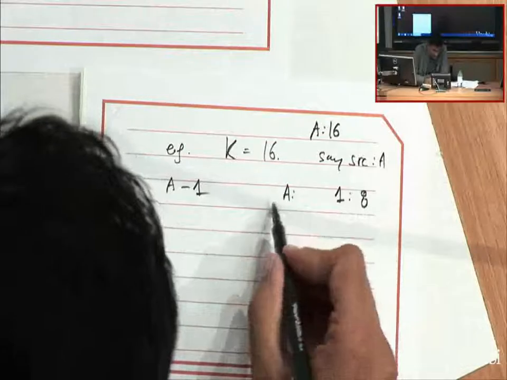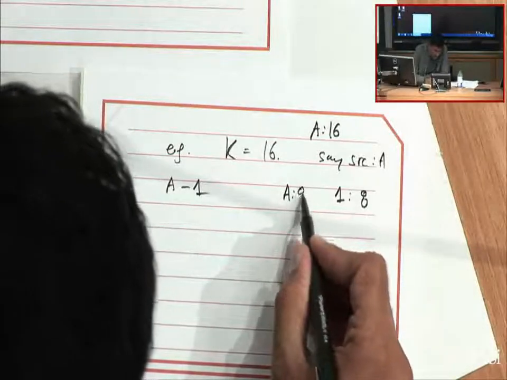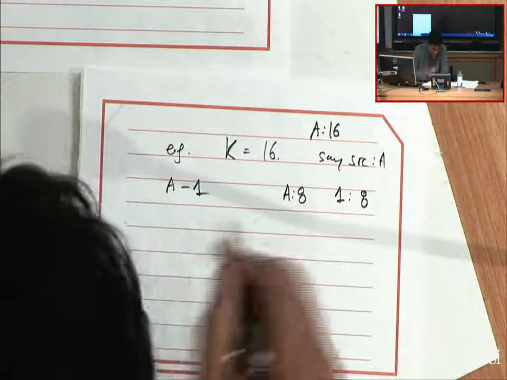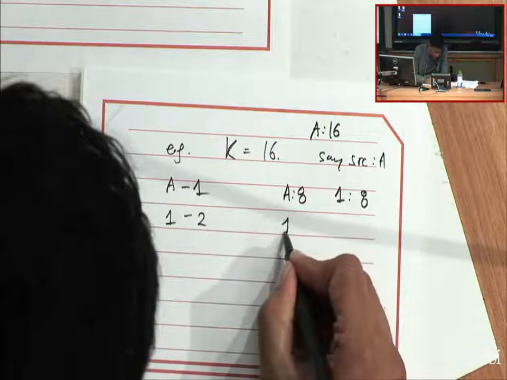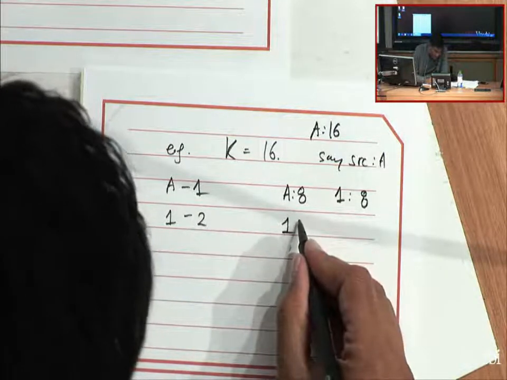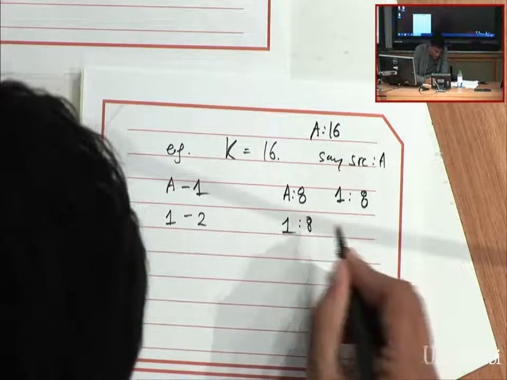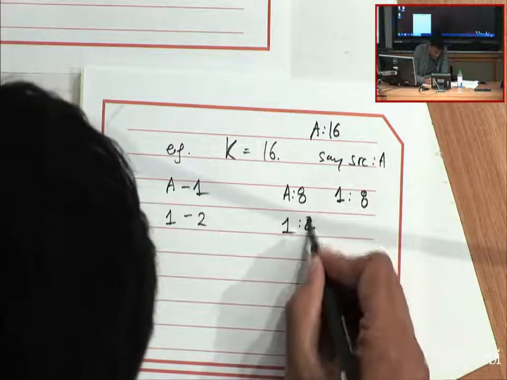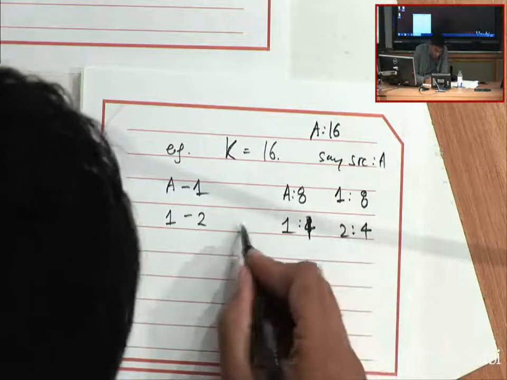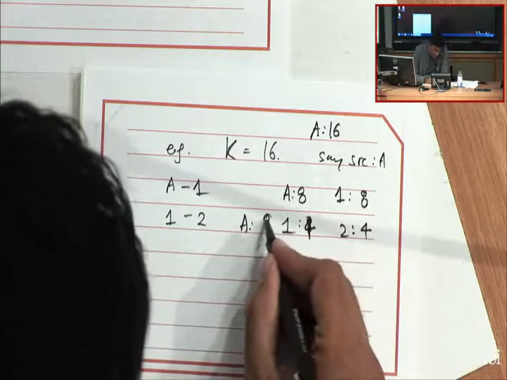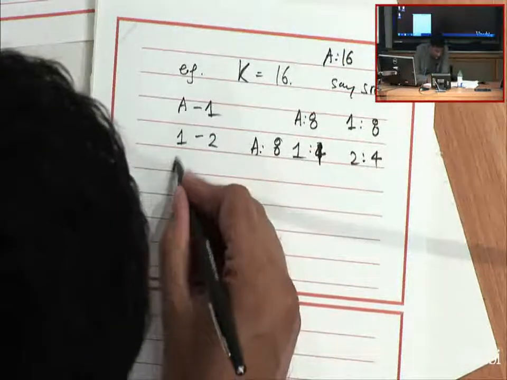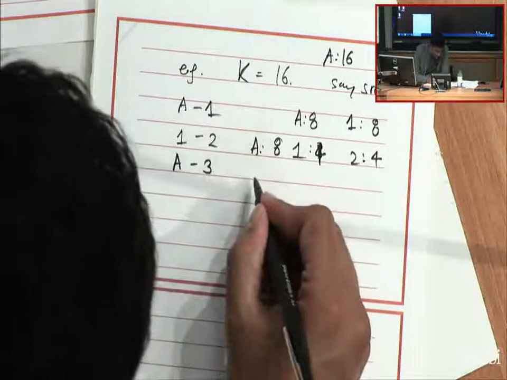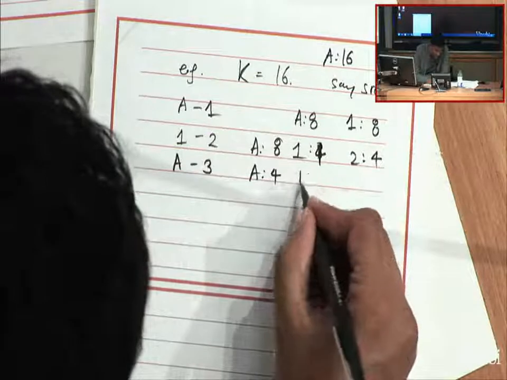After this, node 1 will have 8 packets, node A will have 8 packets. And then let's say node 1 met node 2. Then at this point, node 1 will have 4 packets. Node 2 will have 4 packets. Node A, as before, will retain its copies because it didn't hand over any. Maybe now A meets node 3, so A keeps 4 copies.